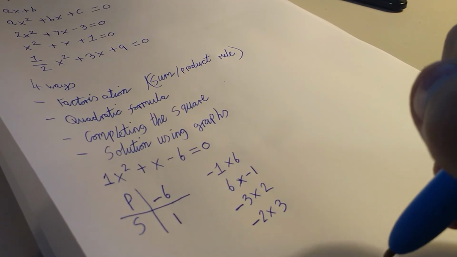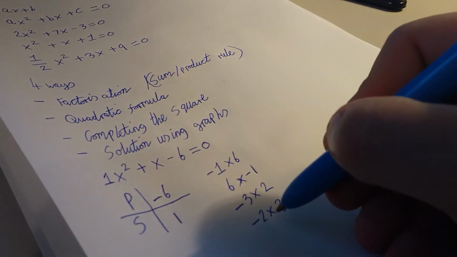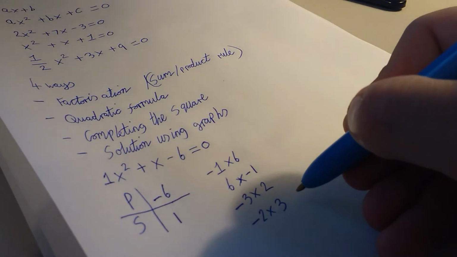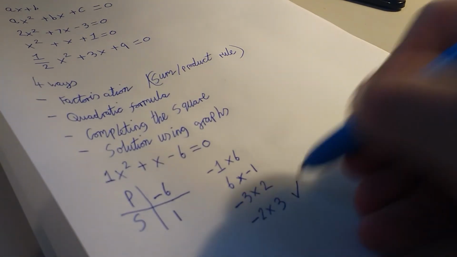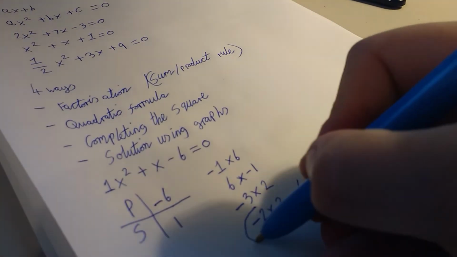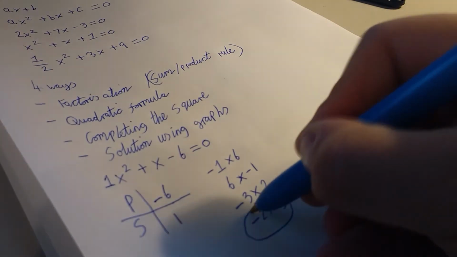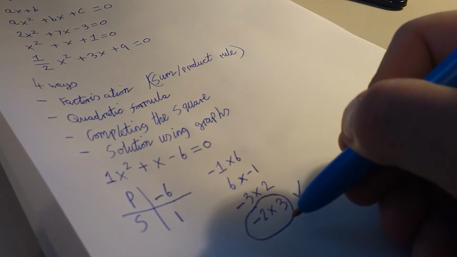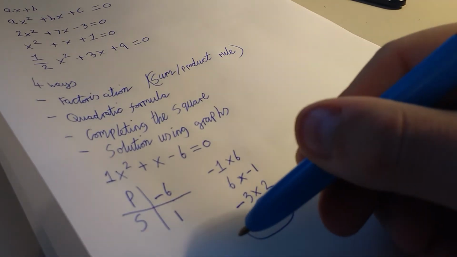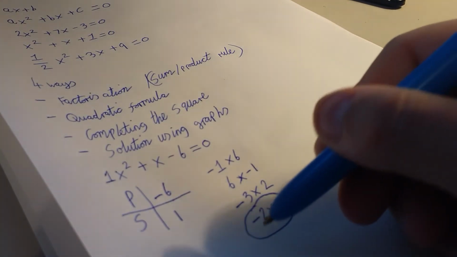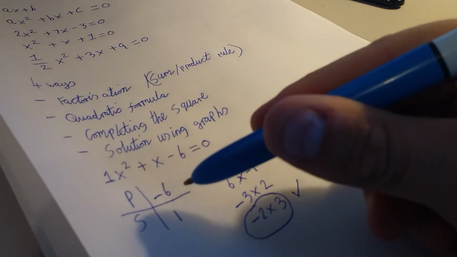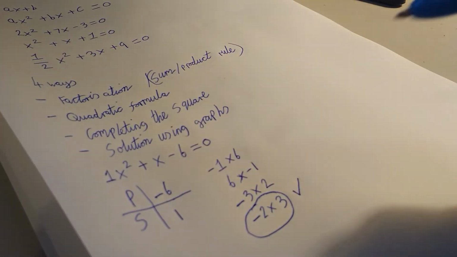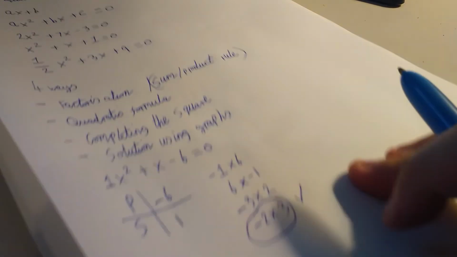Now, looking at these terms, I can see that the last one is the correct answer. If we add minus 2 to 3, we get 1, and if we multiply them together, we get minus 6, which is our product term. So this is the set of numbers that we're going to use.